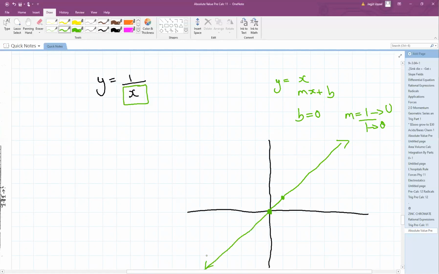This is your y equals x graph. Understood? Yeah. The x-intercept is at 0, the y-intercept is at 0.